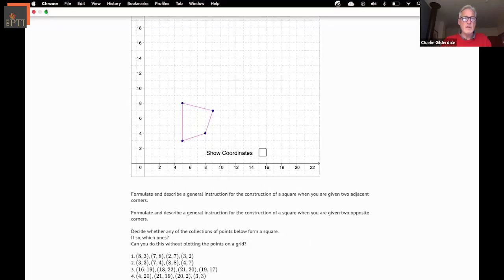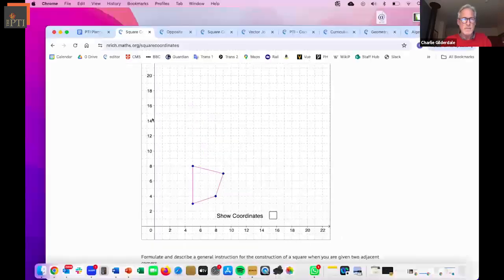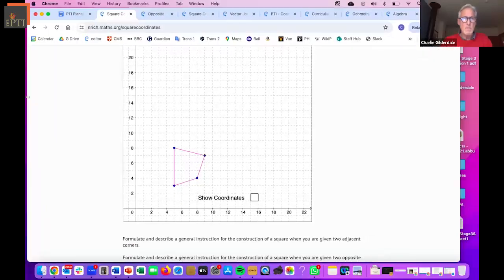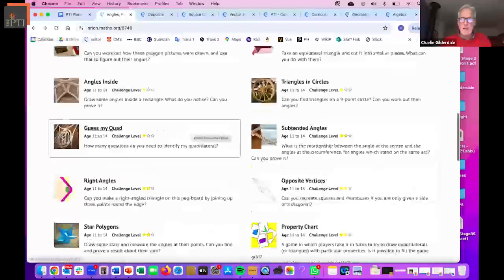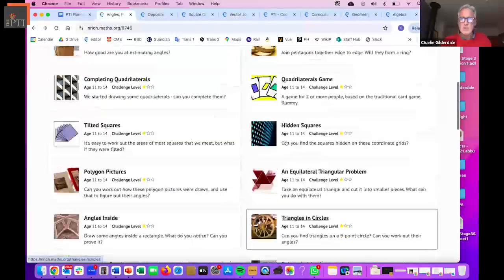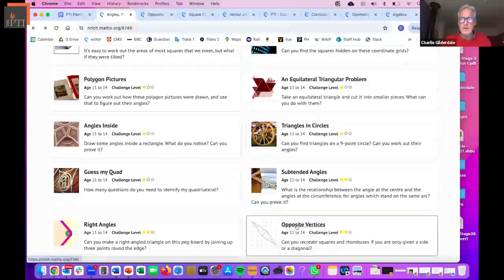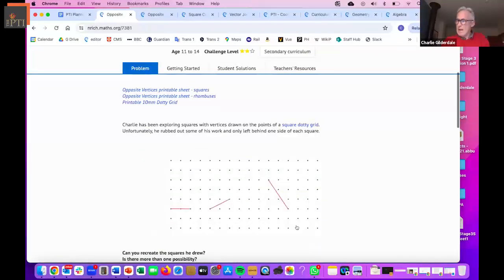And we've got opposite vertices. So those are two problems that appear in the angles section.